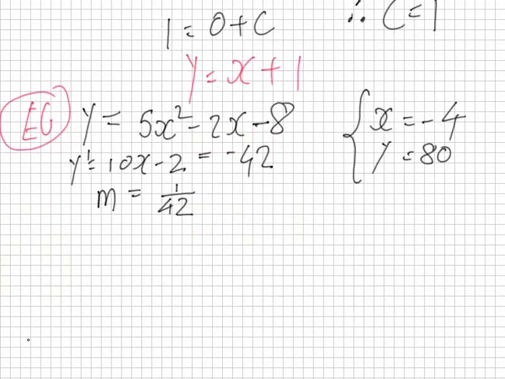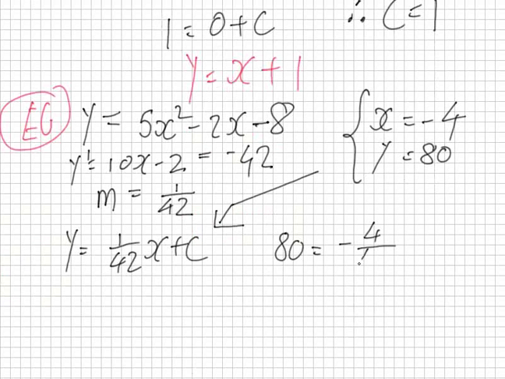Right, so now that we have the m, we can find the c by using this point. So we get 80 equals minus 4 over 42 plus c. So c equals 80 plus 4 over 42, which, what's that going to be? 2 over 21 is as good as it gets. So what's that when you add them together?